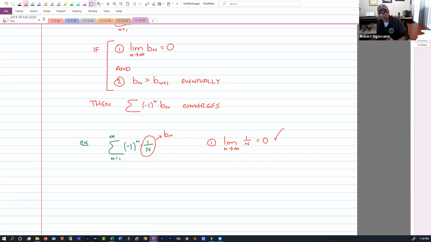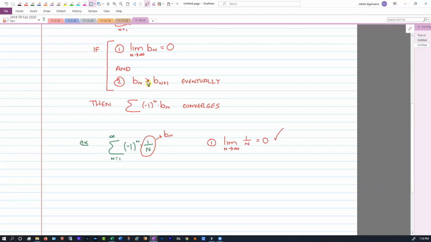Next thing I need to do is show, what does b sub n greater than b sub n plus 1 mean? That this sequence is doing what? The next one in the sequence is smaller than the previous one. That means it's decreasing. So really, this second thing is to show that this is a decreasing sequence.